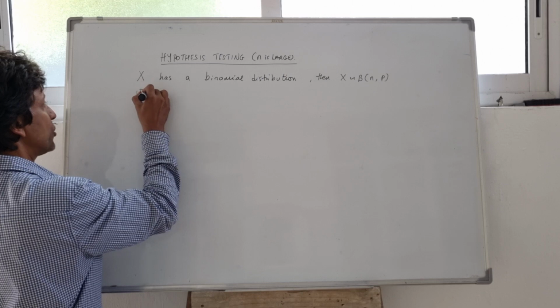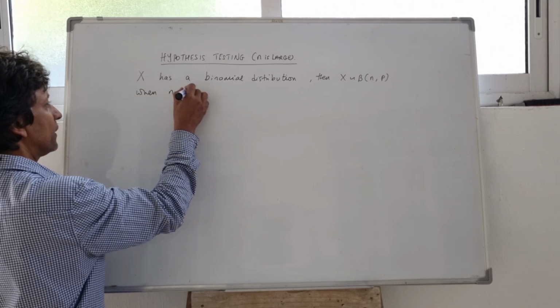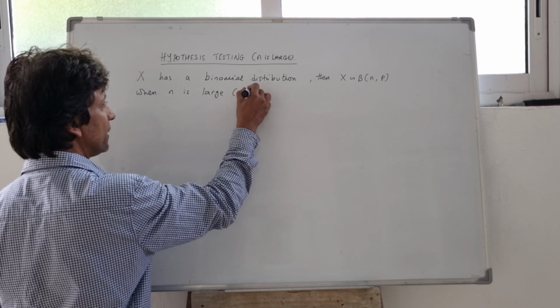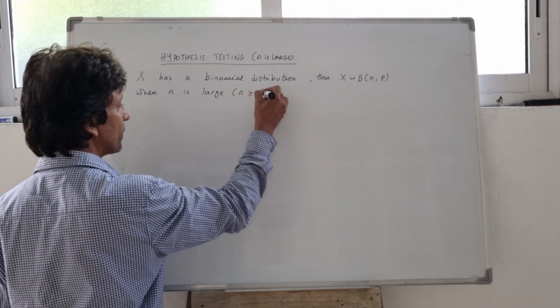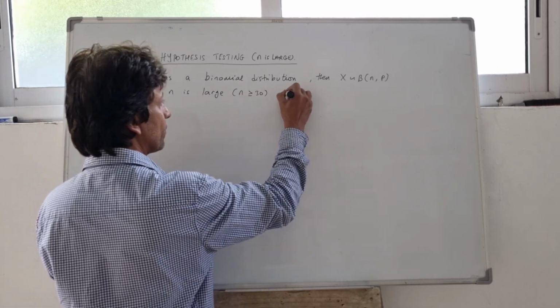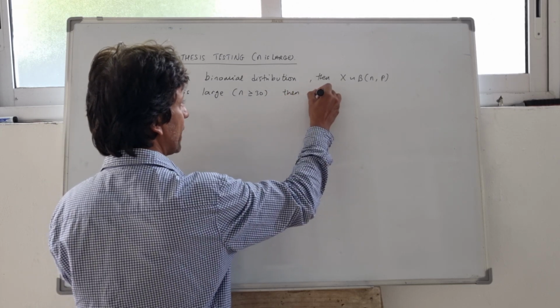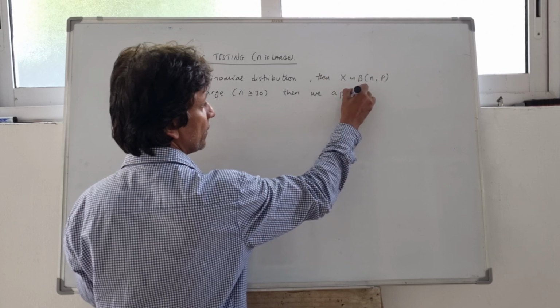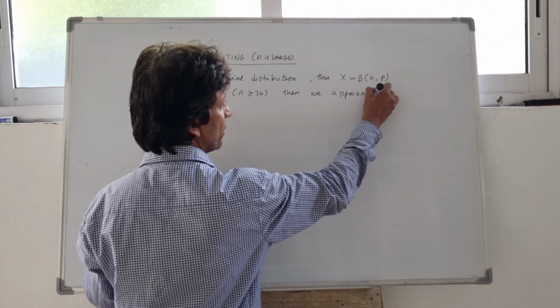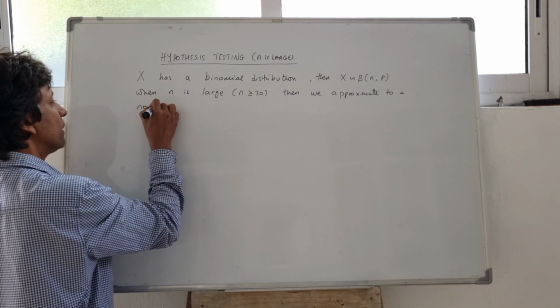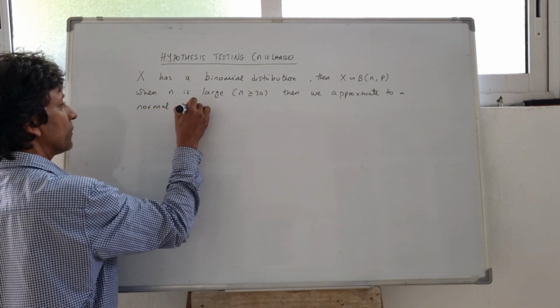When n is large, say for instance n greater or equal to 30, then we're going to have to approximate to a normal distribution.